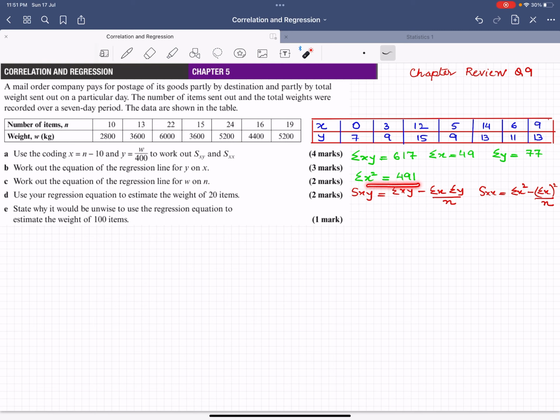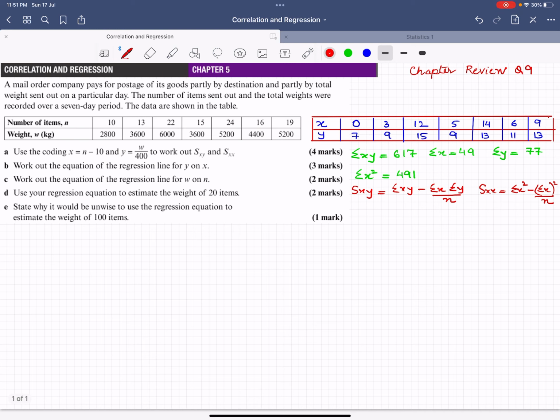Sigma x squared is taking the x value, first squaring it, then adding it to the square of the next x value, and so on and so forth, adding up all the x squares. So since I have all the values here, I can just plug in and find the value of Sxy and Sxx. So sigma xy is 617.